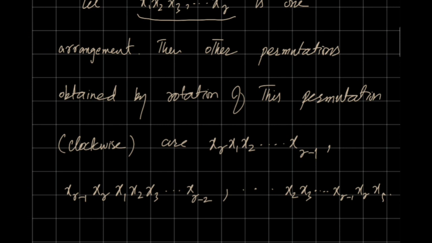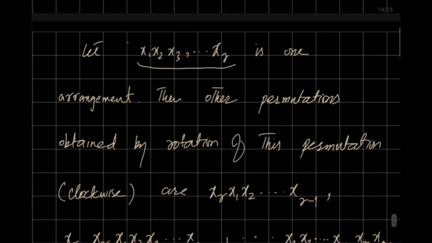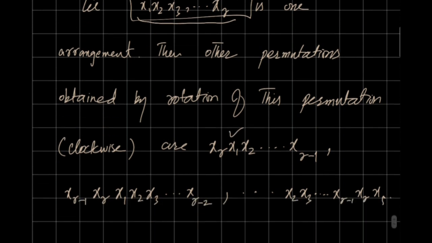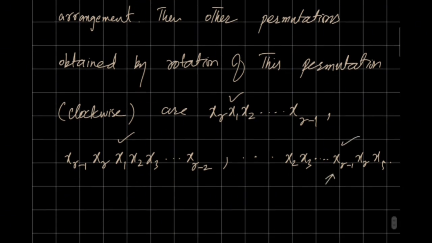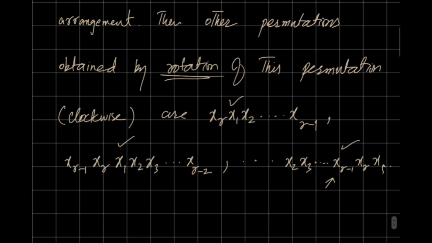These are all permutations which are obtained by rotation of this one. Okay, this is 1, this is 2, this is 3, dot dot dot, and this is the rth permutation. So r permutations are identical. They are obtained by rotation, therefore they are identical.